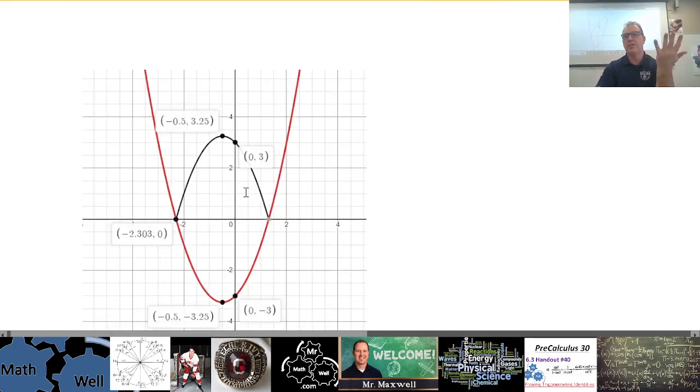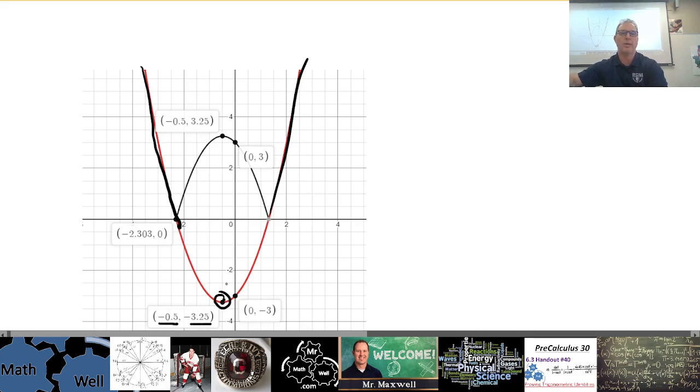All right, I just grabbed this from Desmos here. Obviously, the red is the y equals x. The black part, which would be underneath this red part here, and then bouncing up here like this, that's the absolute value part, right? So you've seen that. The other thing I wanted to show you is this point right here, negative 0.5, negative 3.25.